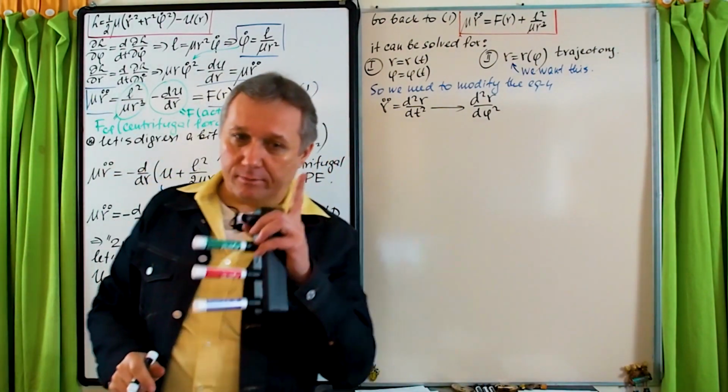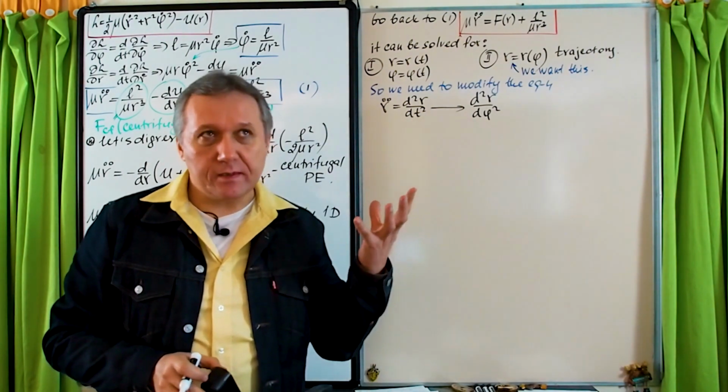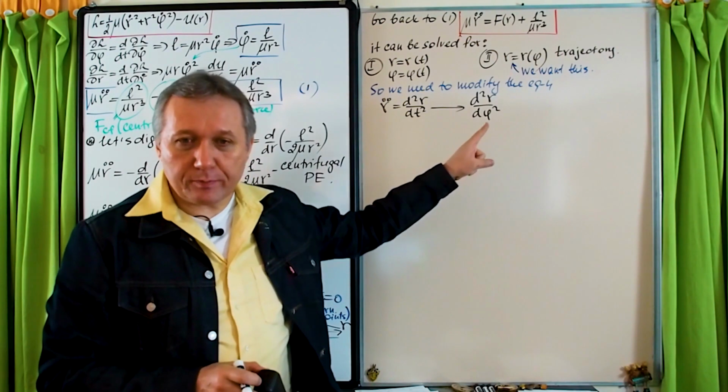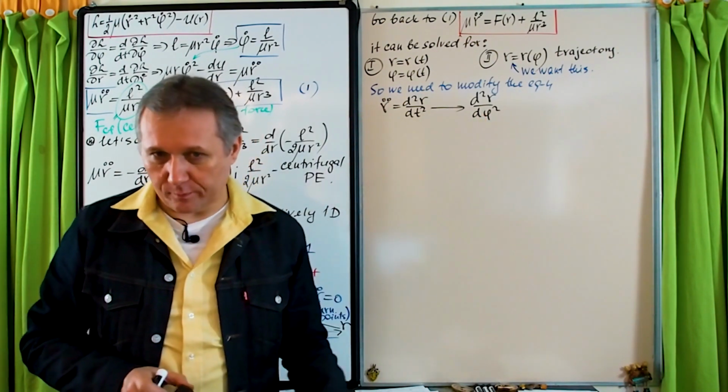And it's not enough. In order to make the equation the most pleasant in terms of a solution, we will have to replace r with a reciprocal, 1 over u.